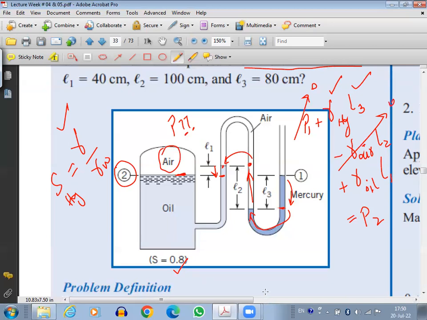So the equation would still be valid because the gamma of air will be very, very small. Because gamma is rho g, and rho for water is 1000, for air is 1000 times less. So if the rho is 1000 times less, that means gamma is also 1000 times less. So in reality, it's not going to affect much.